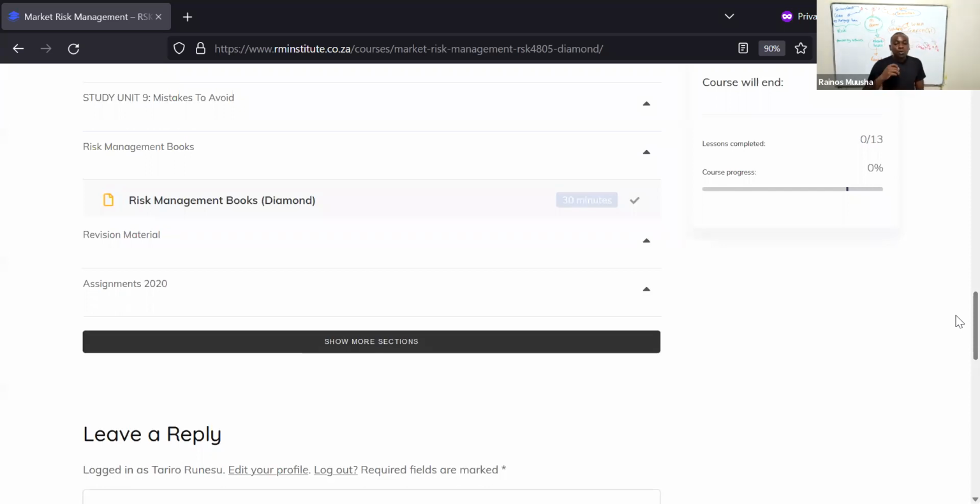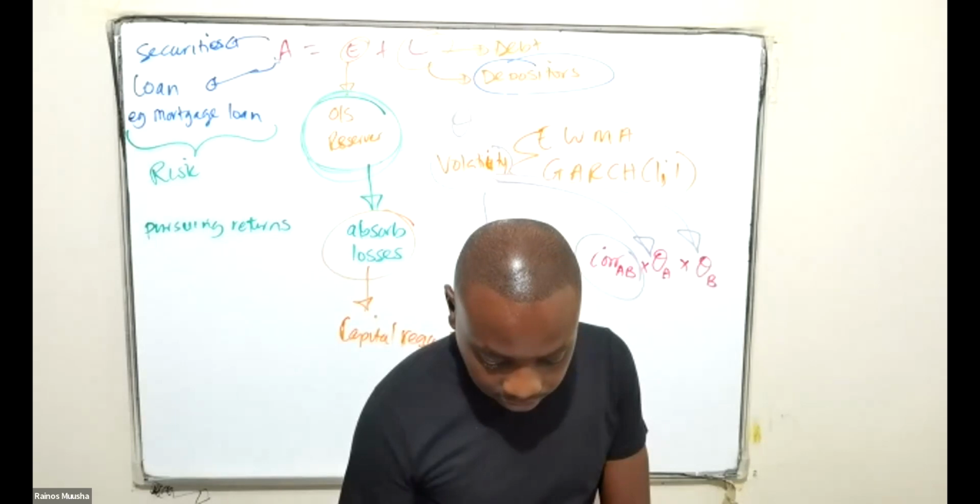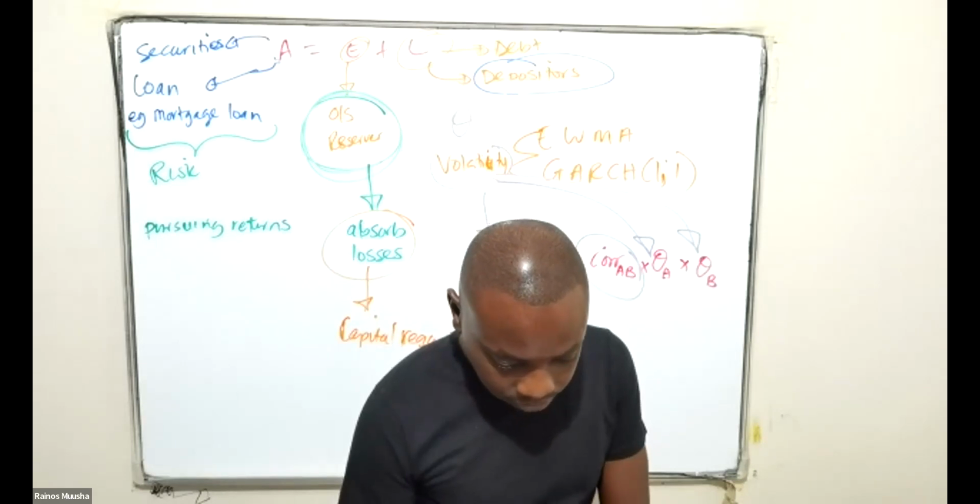Now, once you create a user account, after study unit 9 you are also able to download the soft copy of the textbook. If you click on risk management books, while it's loading I can just quickly check if someone made a comment.